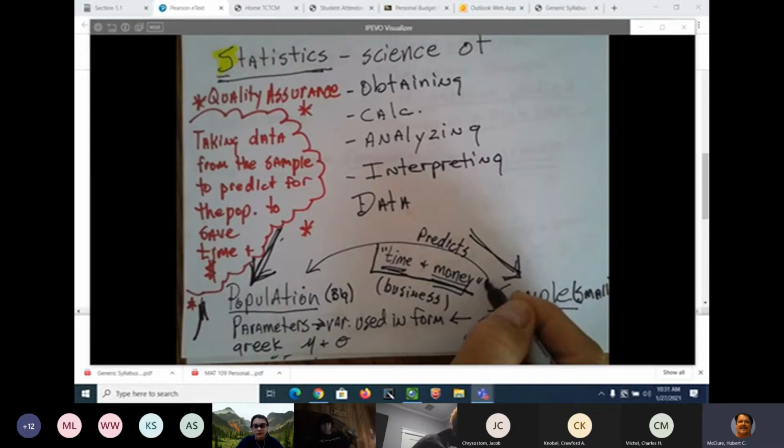And that is why we have probability and statistics. And people say, when are we ever going to use this stuff? Well, if you're just taking Math 120, chances are you'll just see it in a presentation.